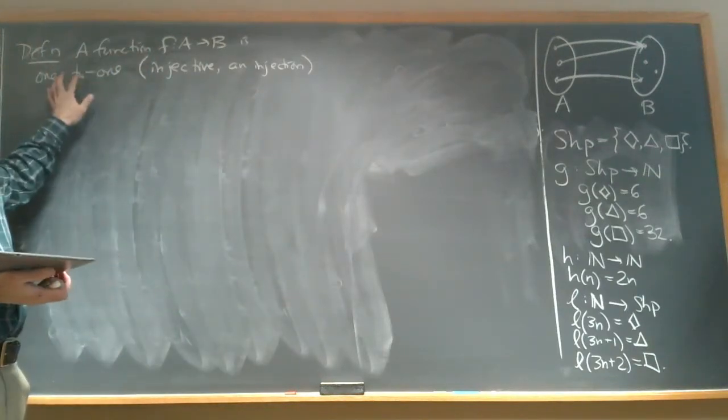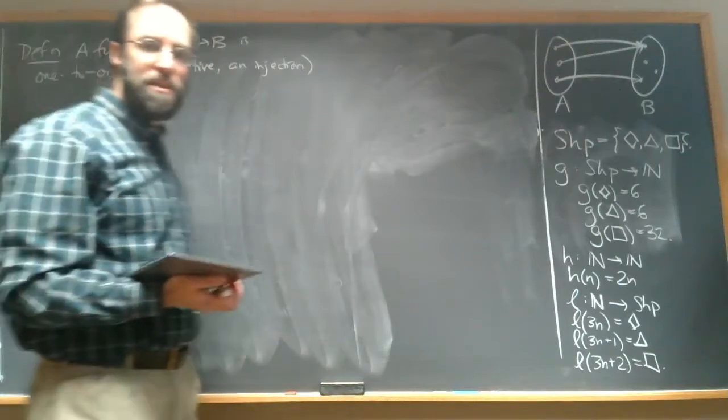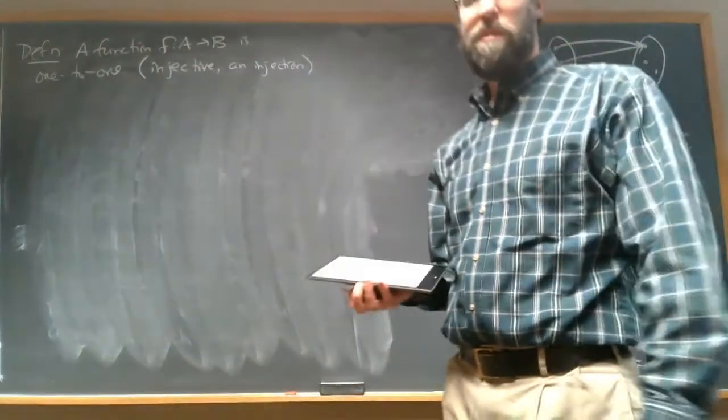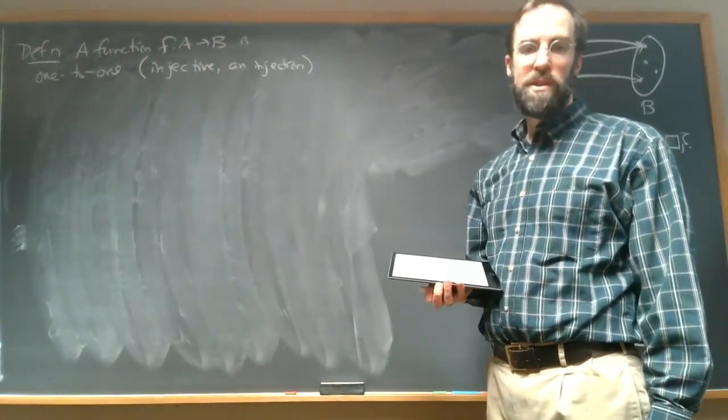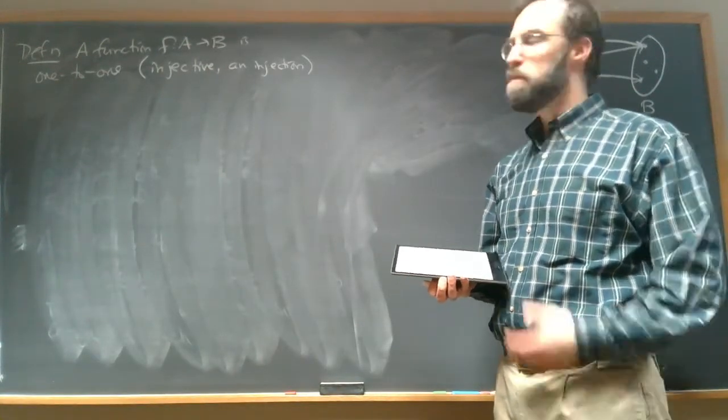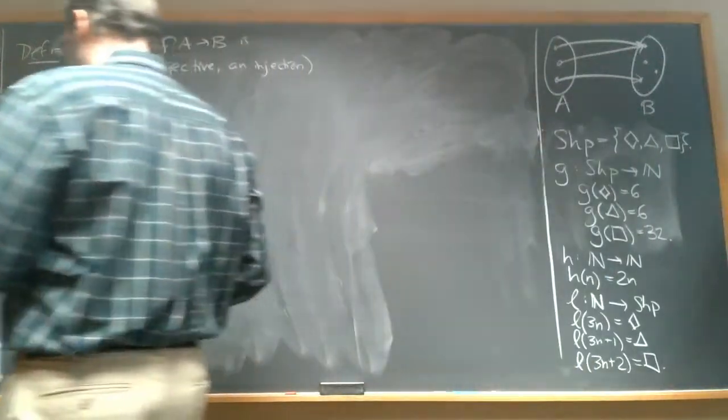So maybe you've heard the word one-to-one, in high school or something. Professional mathematicians tend to use the word injective. It's just a fancier word, but they mean the same thing. Okay, so what does this mean?